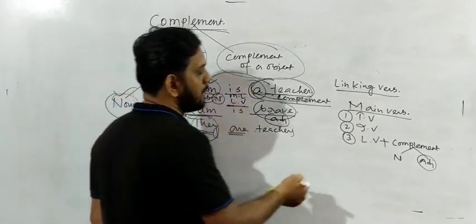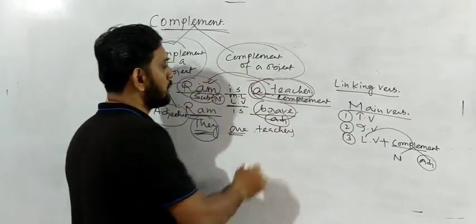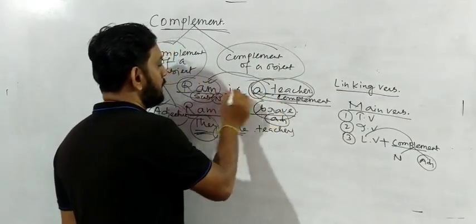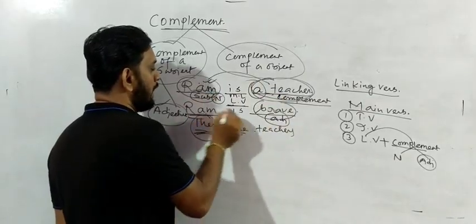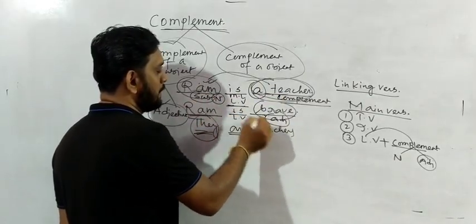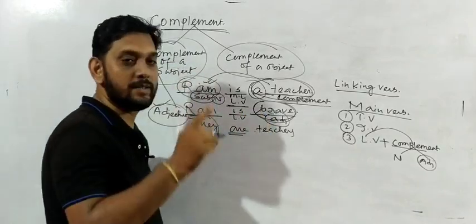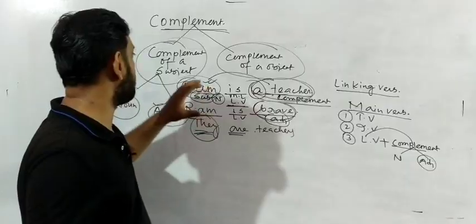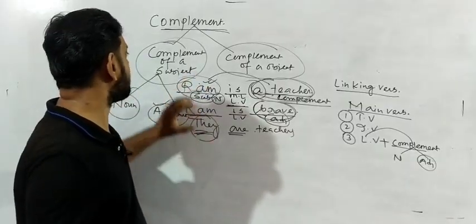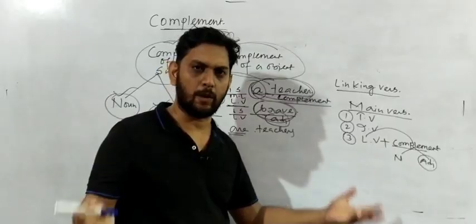Because we have understood that after a linking verb there should be a complement. I have written Ram is a teacher, so a teacher is the complement of the subject. Ram is brave, here is is also a linking verb, and this brave is an adjective that also talks about the subject. Because of this reason it is known as the complement of a subject or subject complement.